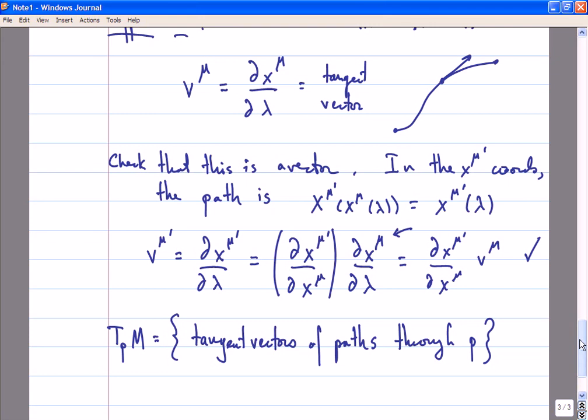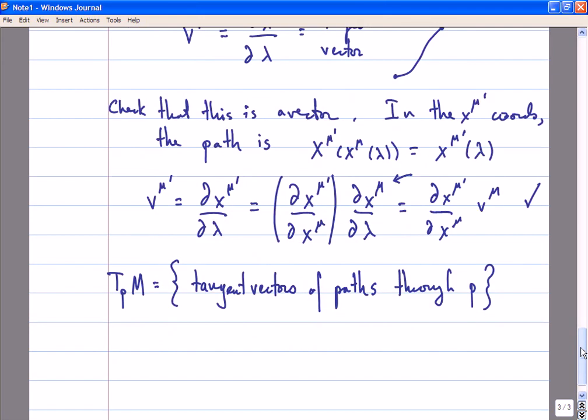Now, the example that I just gave is an example of a vector that's attached to each point on a line. But, of course, in general, we could also imagine a vector attached to each point in space-time.